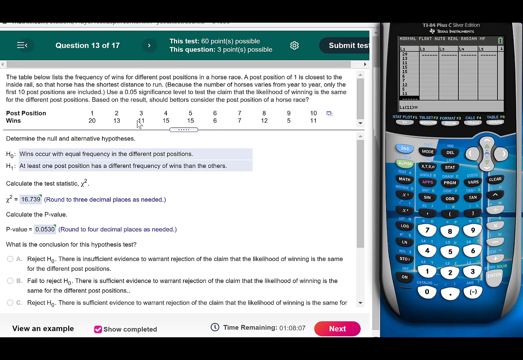You count the total, which is 115. And since we want the same wins for each one of them, you just take 115 and divide it by 10. What is 115 divided by 10, guys? It's 11.5. So you just go to the list and enter 11.5 throughout.